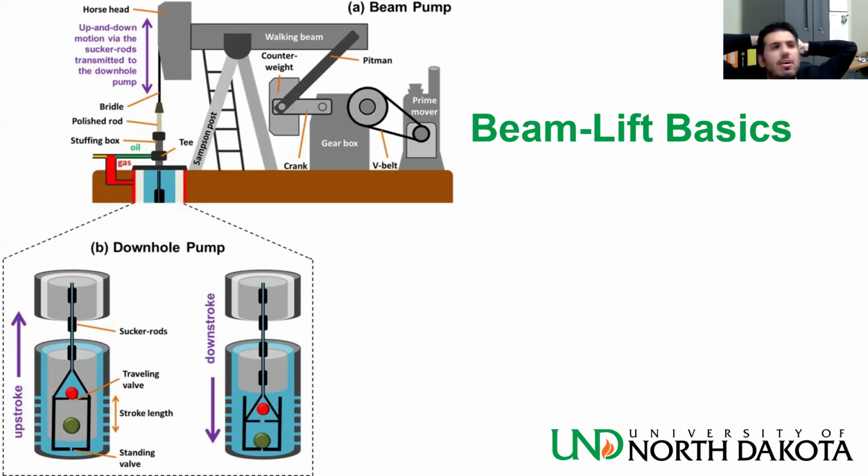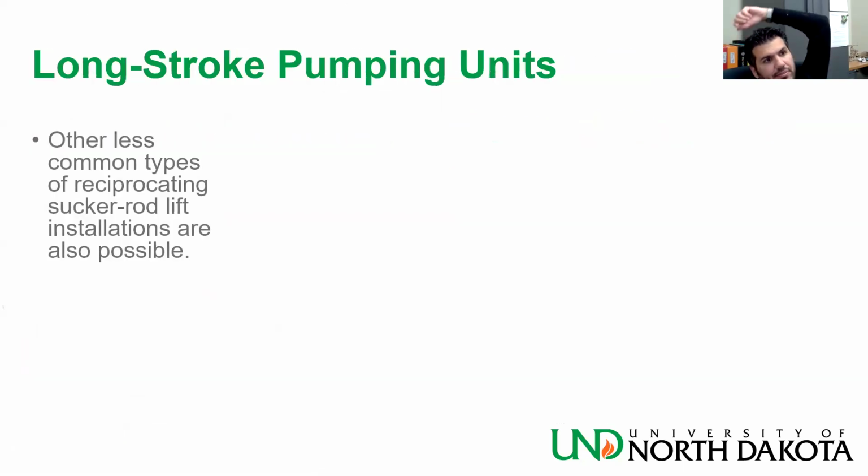Sorry, polished rod is basically the top part of the sucker rod string. Now, polished rod goes in and out of the surface. You see a little bit on the surface, and then you don't. So it goes in, downhole, and up. And after that, you have sucker rods. But the point where the polished rod goes in and out of the hole is called the stuffing box. And that's where you can often have leakages. You want to suppress leakages in the stuffing box, and you need to replace it every now and then for that reason.